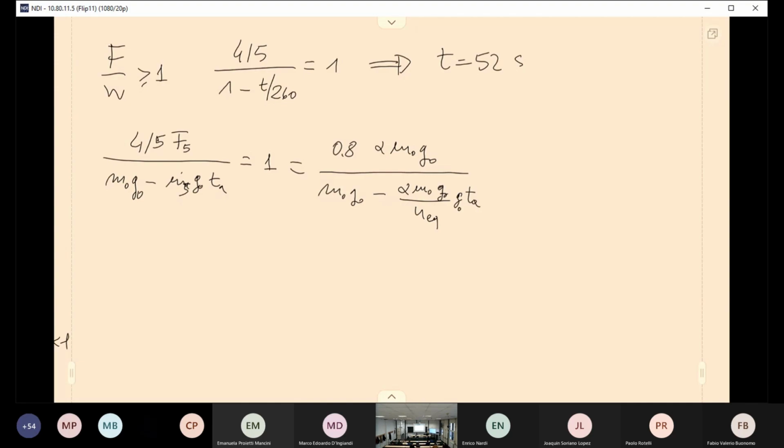So we can simplify and divide everything by alpha M0 G0. And minus alpha, 1 over alpha minus TA over ISP.